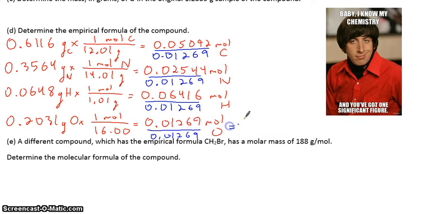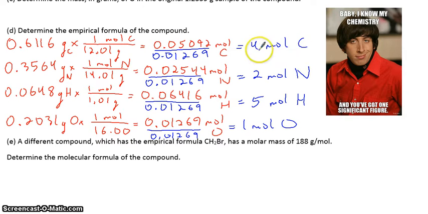If we do that, we get 1 mole of oxygen, which is going to be our set number. Dividing 0.06416 by 0.01269, it's roughly 5 times as much, so we get 5 moles of hydrogen. This is roughly double, so we get 2 moles of nitrogen. And we roughly get 4 moles of carbon.